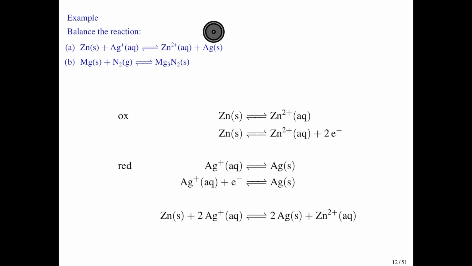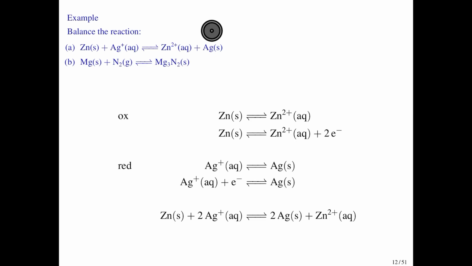Okay. Now at first sight, it may look like it's balanced, right? You've got one zinc here and one there, one silver here and one there. However, this reaction is not balanced with respect to charge, right? You see that there's a +1 charge on the reactant side and a +2 on the product side. So we don't have a balance in the number of electrons for this reaction.